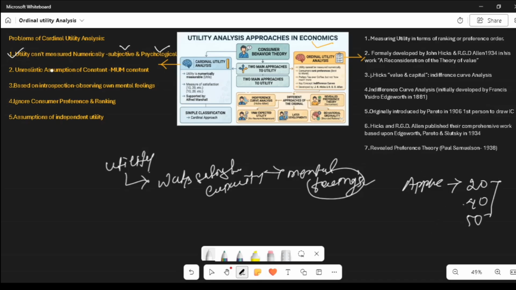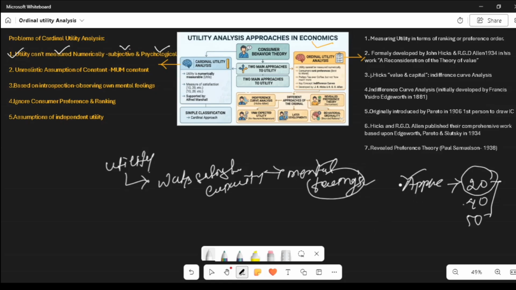So utility can't be measured numerically because it is subjective and psychological.